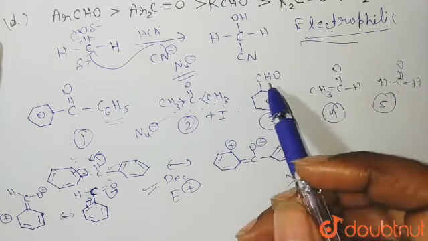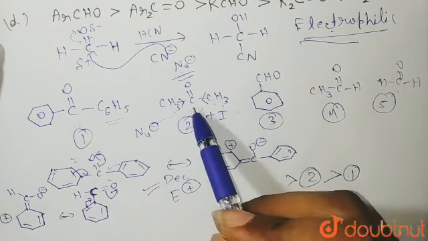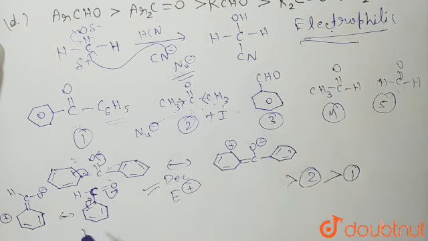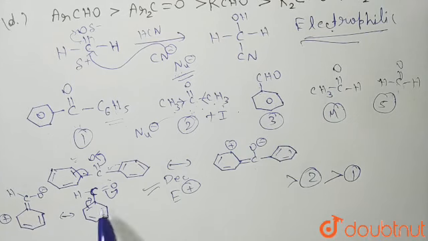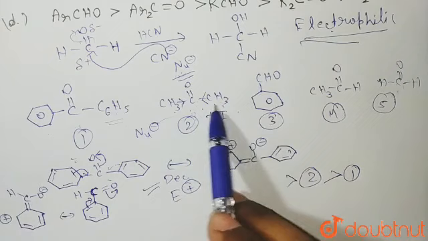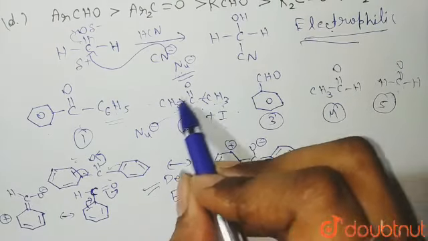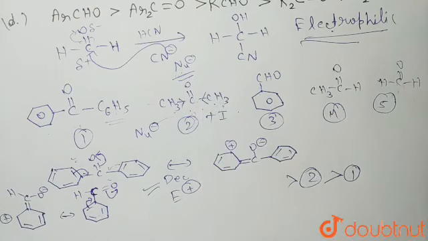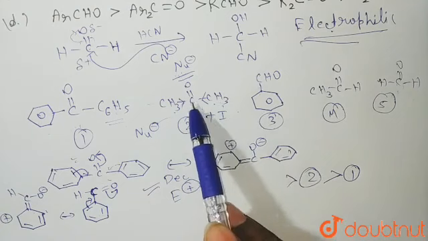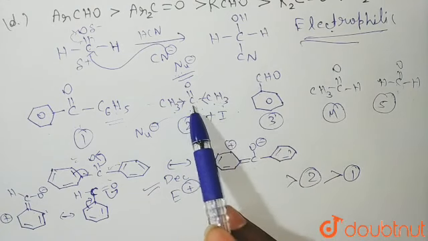And benzaldehyde will have high electrophilic character in comparison to acetone, because here only one ring is giving electrons to it. But here 2 methyl groups are giving electrons. This one is also giving electrons, this one is also giving electrons, so it is getting more electrons in comparison to this. That's why this one has less electrophilic character than this.